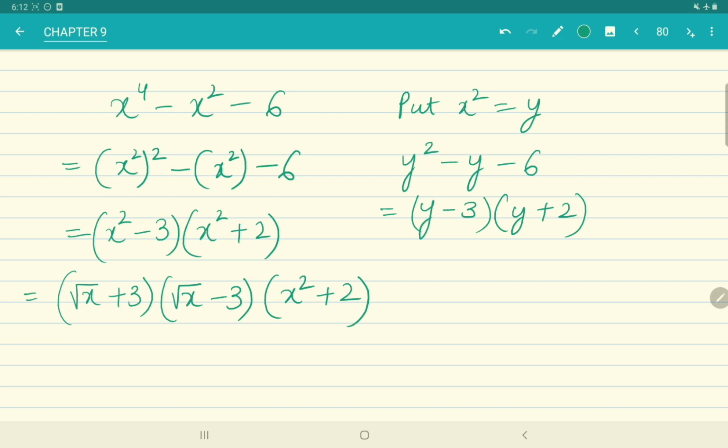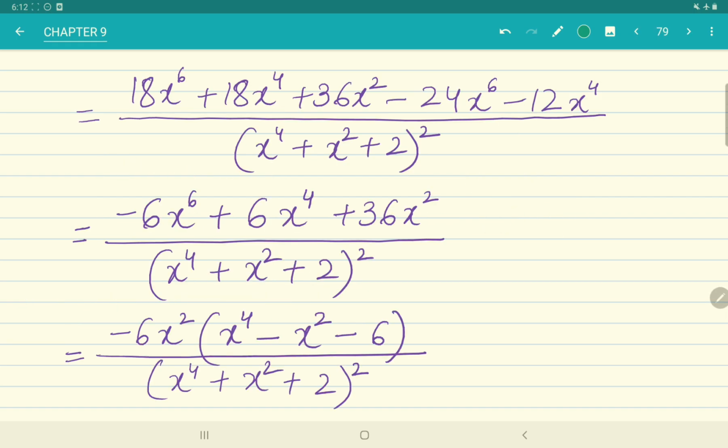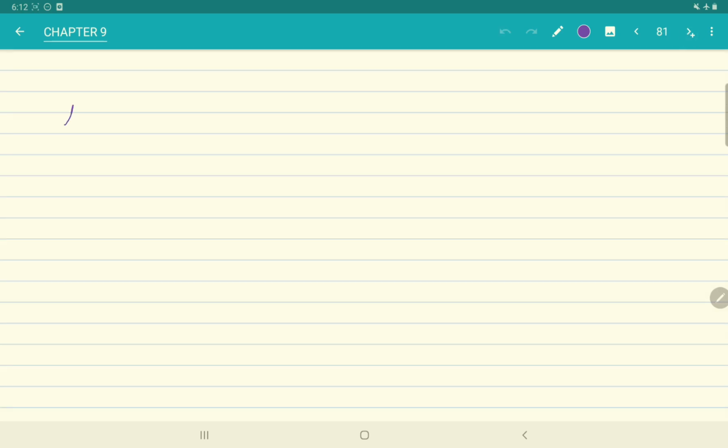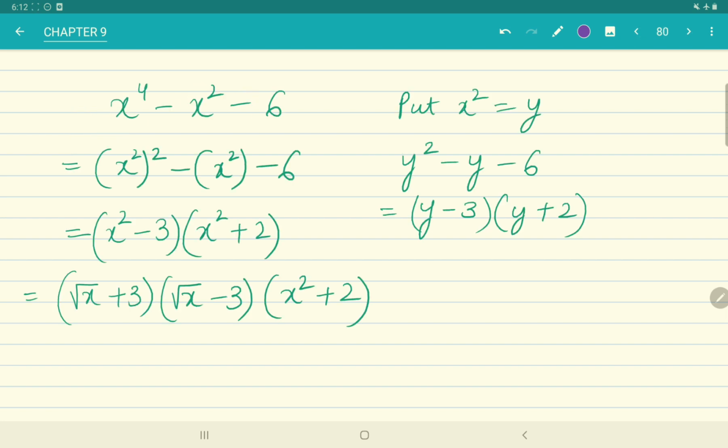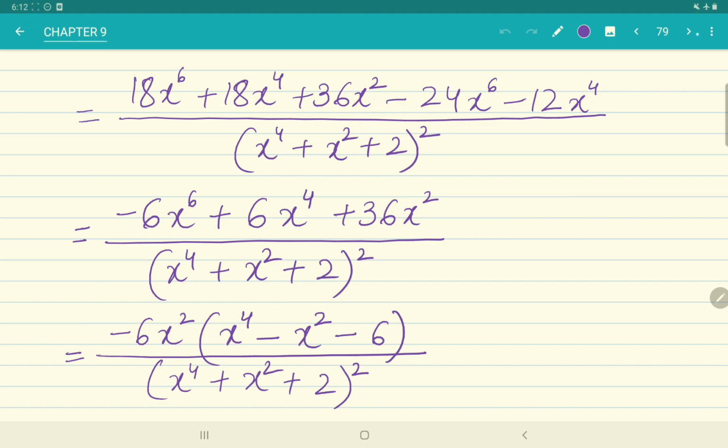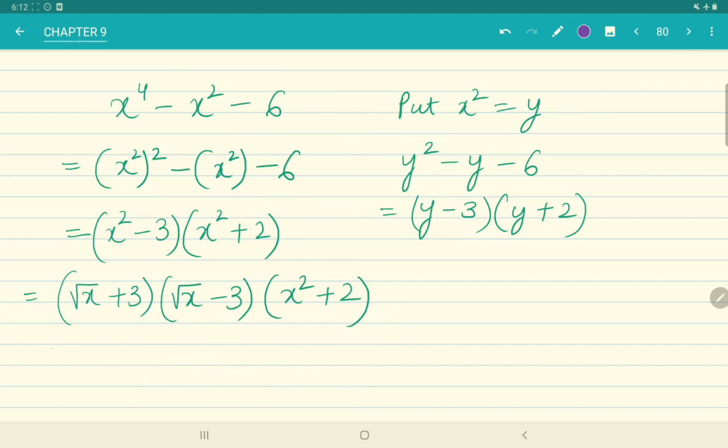And now in this case I can get back to my f prime x, and write exactly what my f prime x is, and that is going to give me f prime x equal to minus 6x squared, and then instead of this expression I can now write this expression.